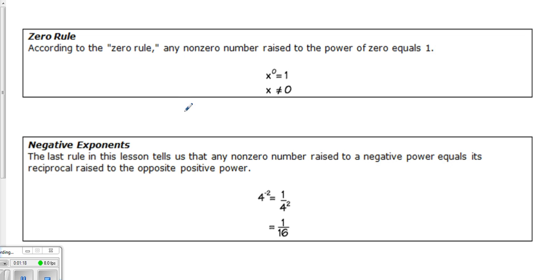Our zero rule. According to the zero rule, any non-zero number raised to the power of 0 equals 1. I'm going to show you a quick reason why.